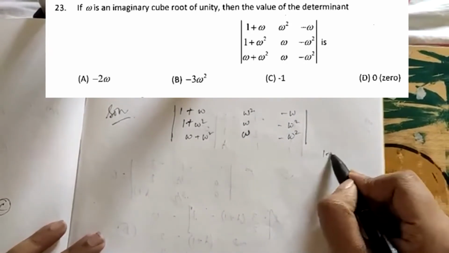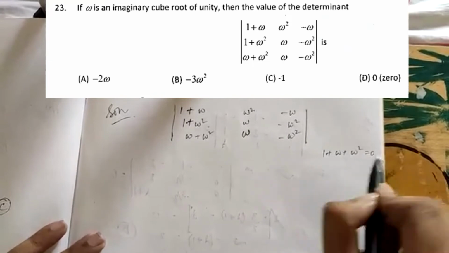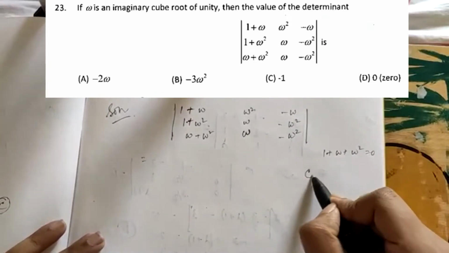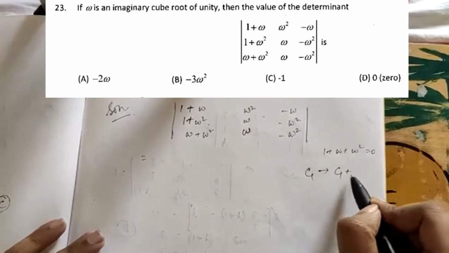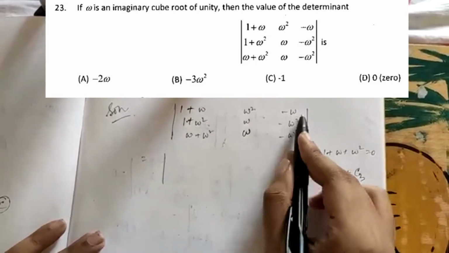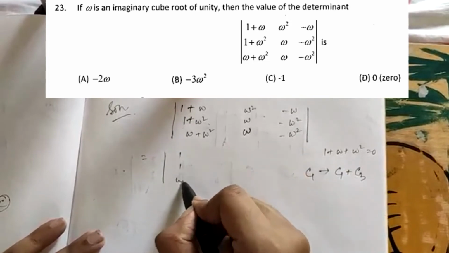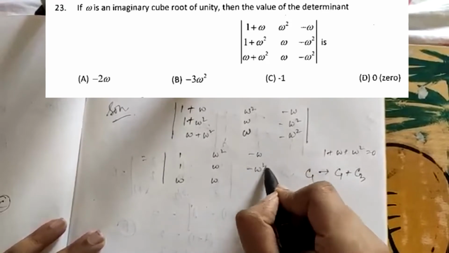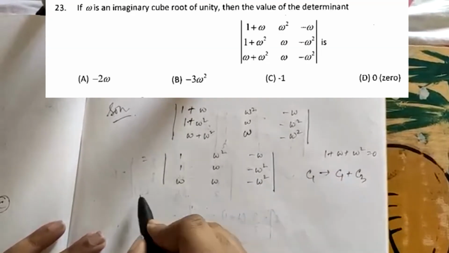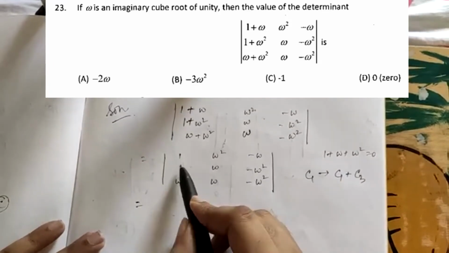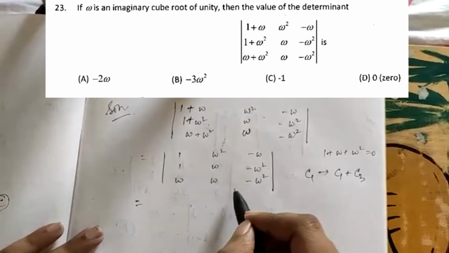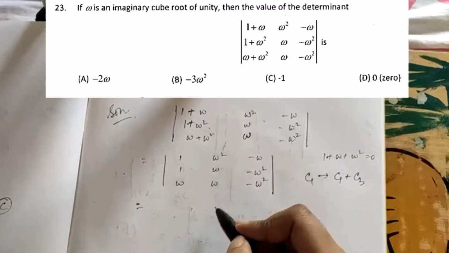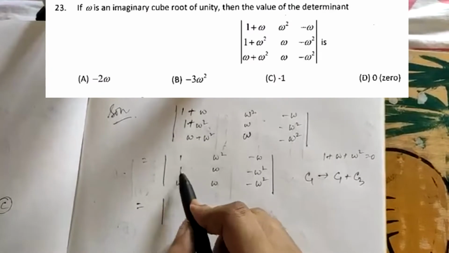We know that 1 plus ω plus ω square is equal to 0. I am doing it in another way. Let's convert C1 to C1 plus C3. I will be left with 1, ω square, ω, minus ω square.